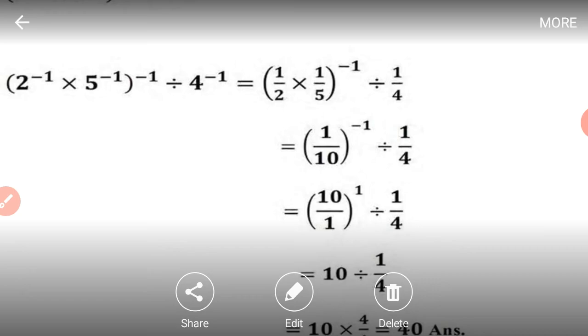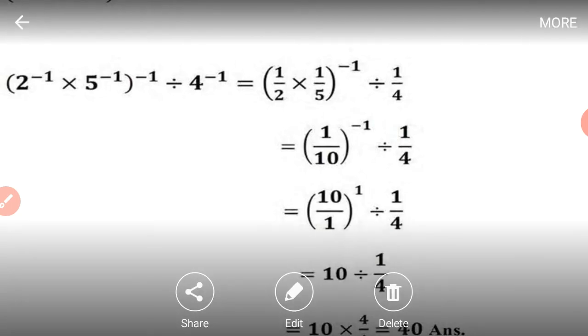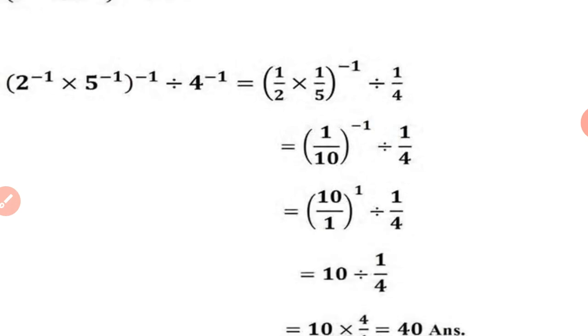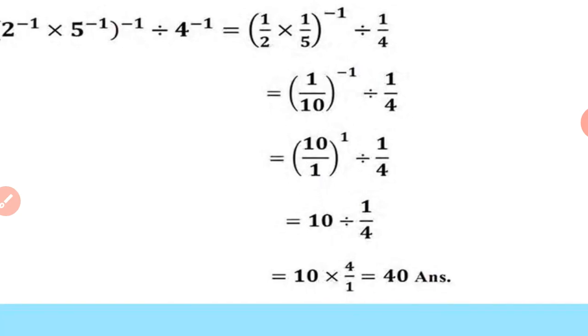Then whole power −1, and it is divided by 4^(−1), which can be written as 1/4. It will be equal to (1/10)^(−1) divided by 1/4.